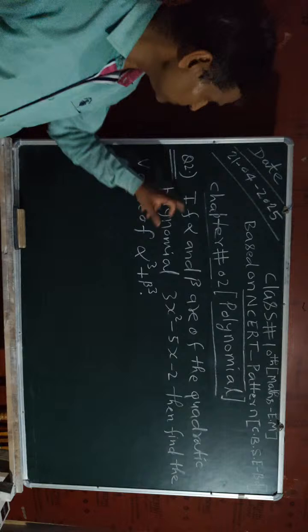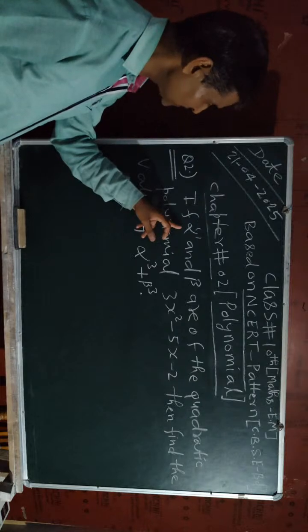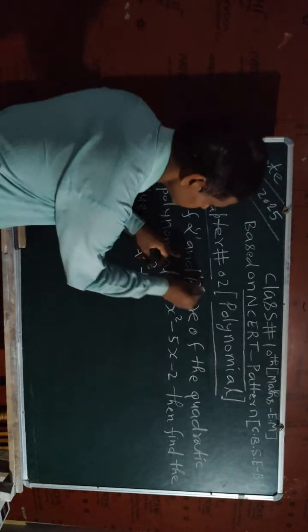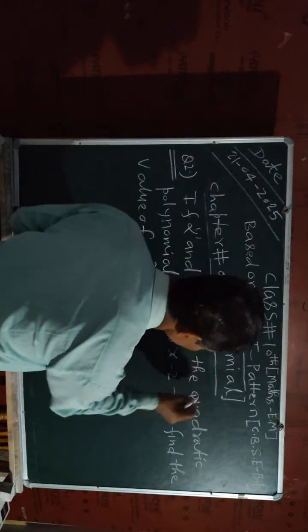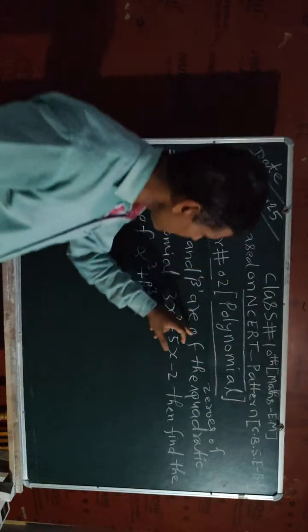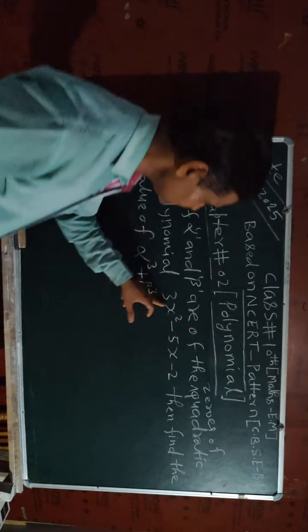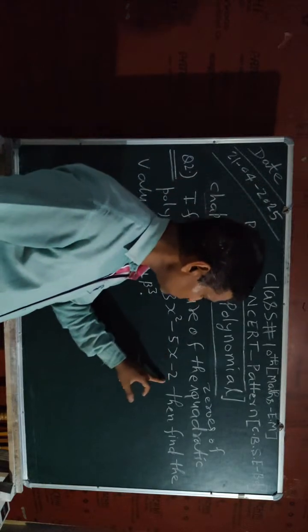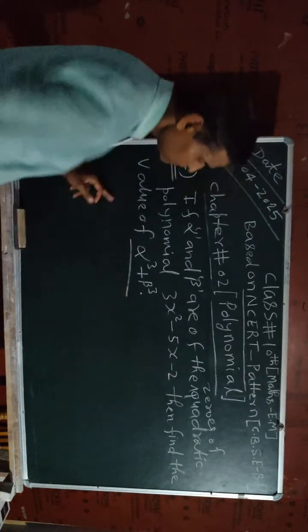If alpha and beta are the zeros of the quadratic polynomial 3x square minus 5x minus 2, then find the value of alpha cube plus beta cube.